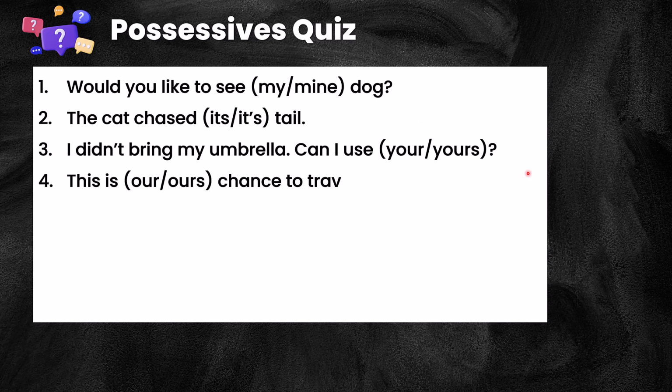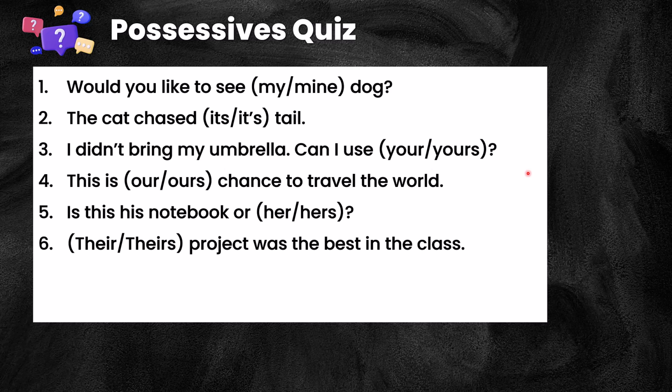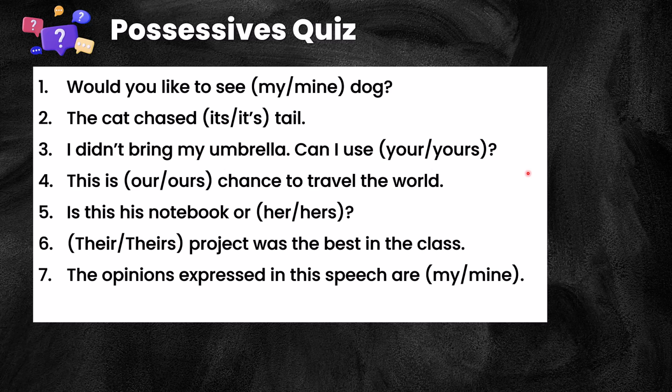Number 4, this is chance to travel the world. Number 5, is this his notebook or? Number 6, project was the best in the class. Number 7, the opinions expressed in this speech are. And finally, number 8, that's not your cake, it's.